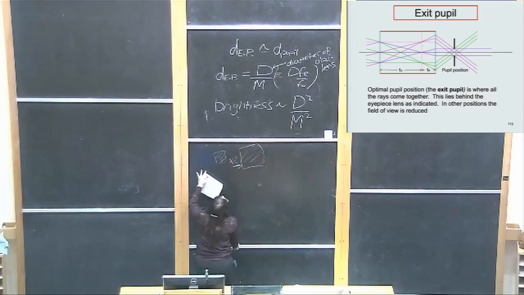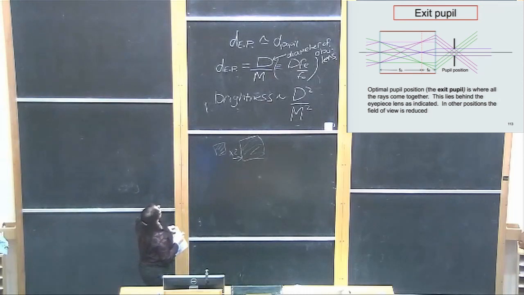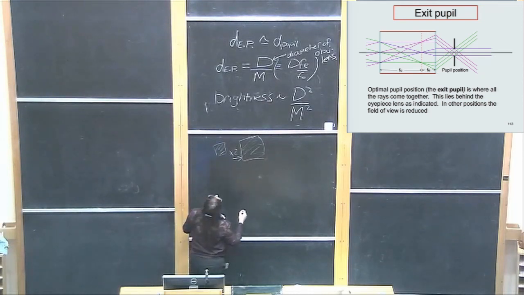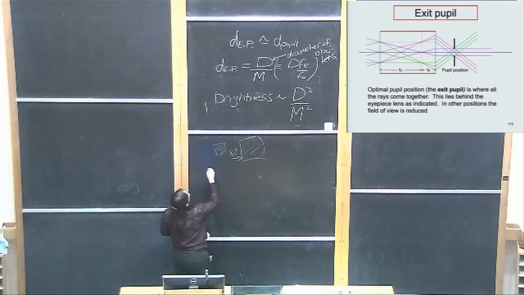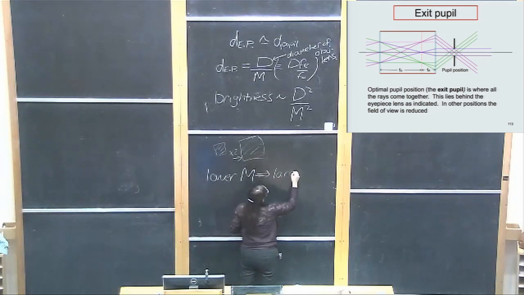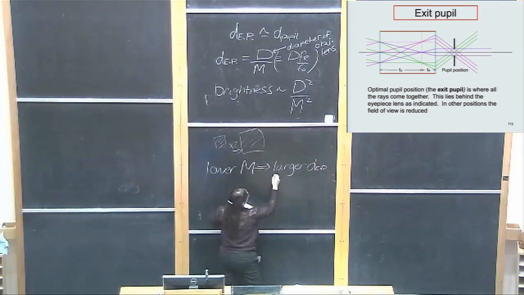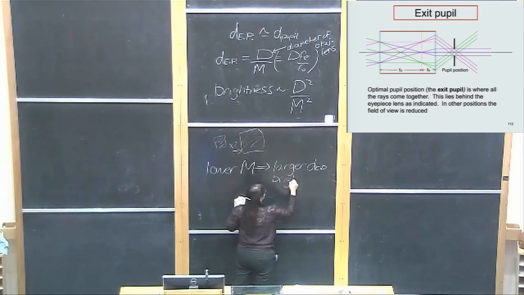So what that means is that a lower magnification results in a larger exit pupil, and also a brighter image.